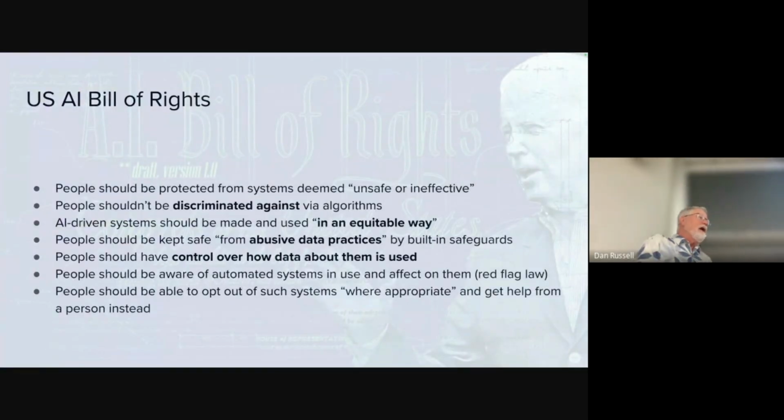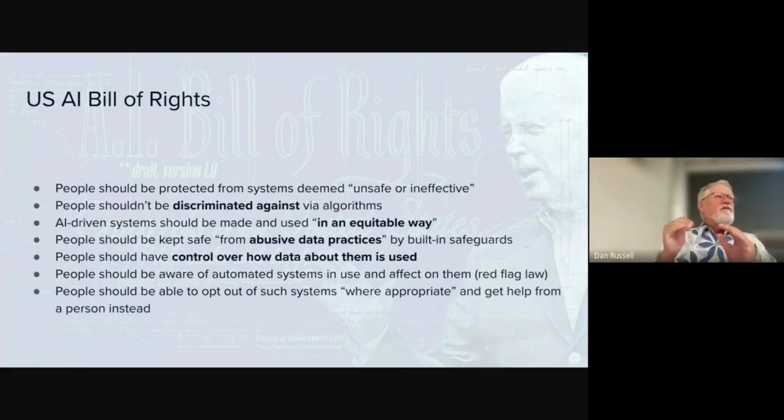And the US actually tried a couple of years ago to codify this in the US AI Bill of Rights. So during the Biden administration, there was a big to-do about making data safe, and these are the provisions for that code. Unfortunately, I think this has now been kind of rolled back, so I don't know where this stands now.